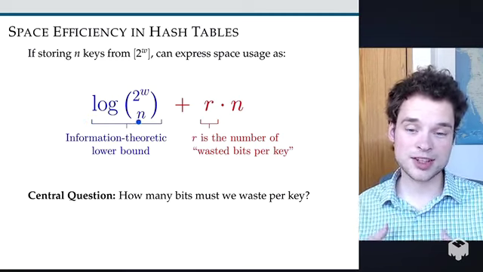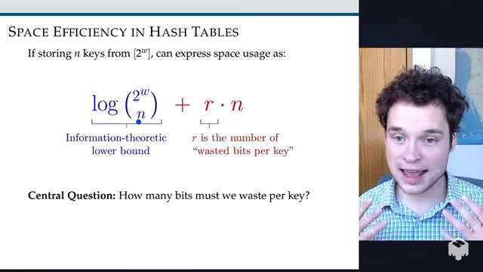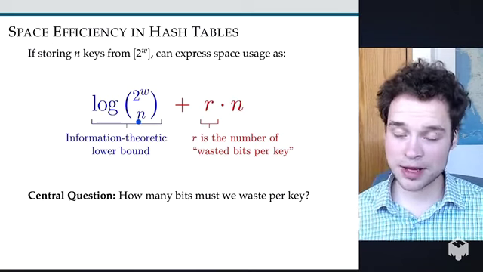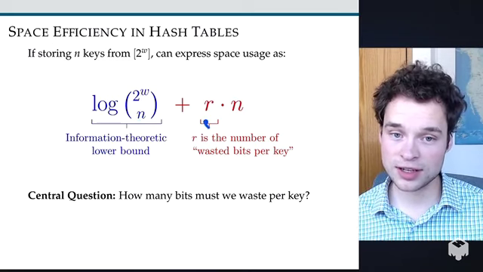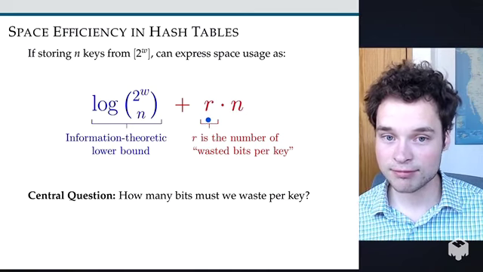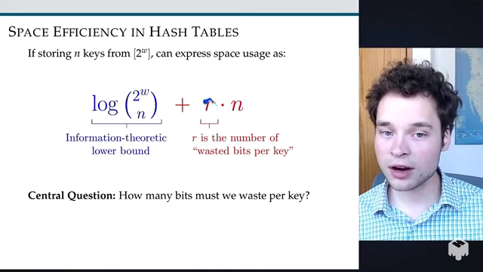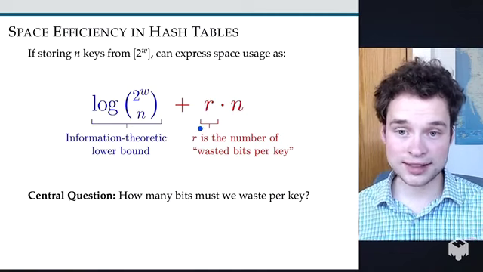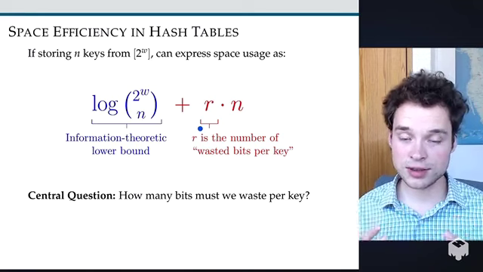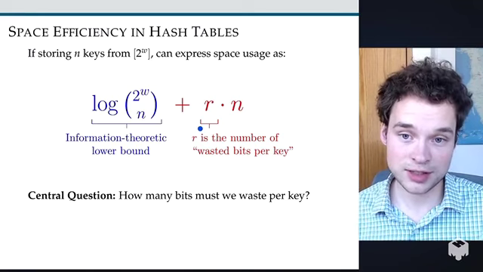That's the amount of space that, information theoretically, any hash table has to consume. And then the second term in the space usage is r times n bits for some quantity r. The way to think about this quantity r is that it's the number of bits that we're wasting per key when you compare to the information theoretic lower bound for the space efficiency of a hash table.